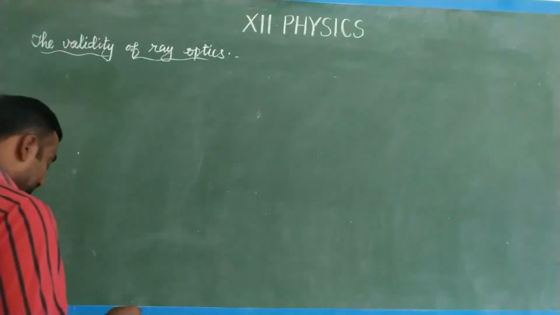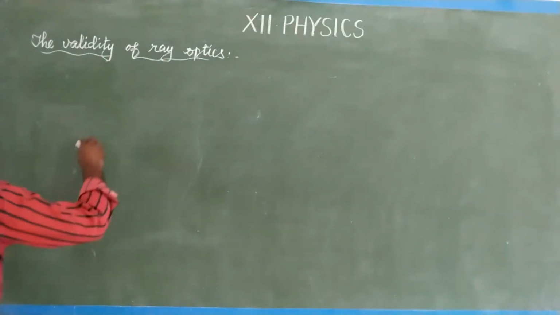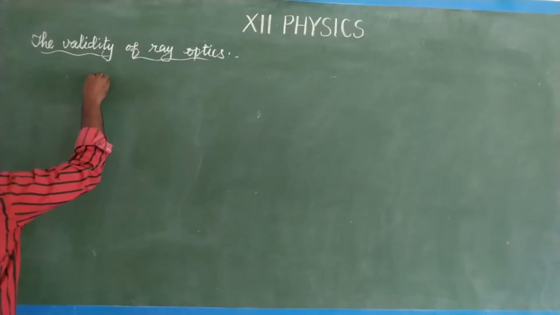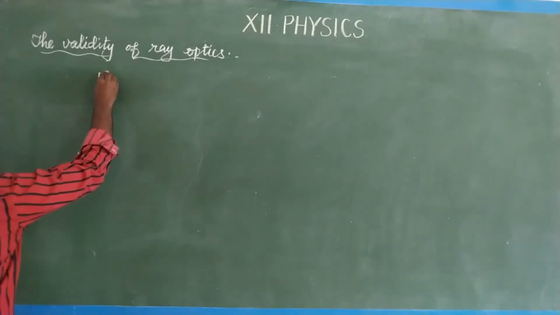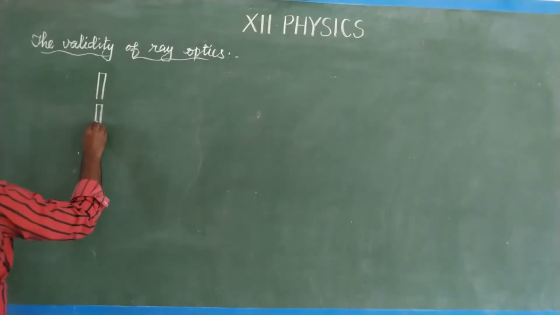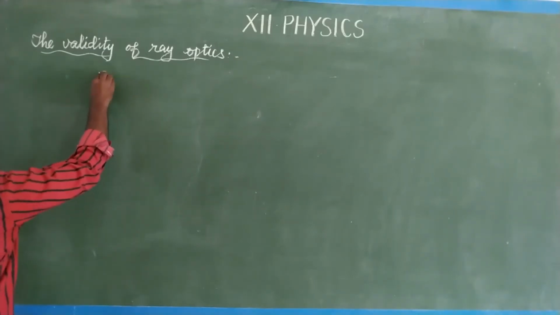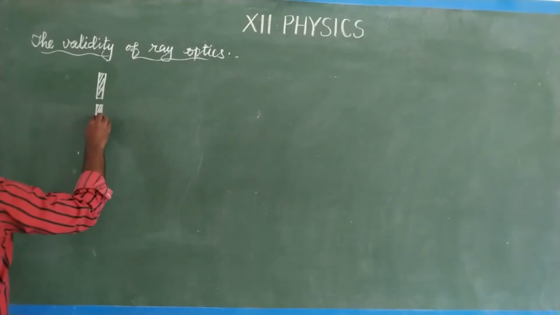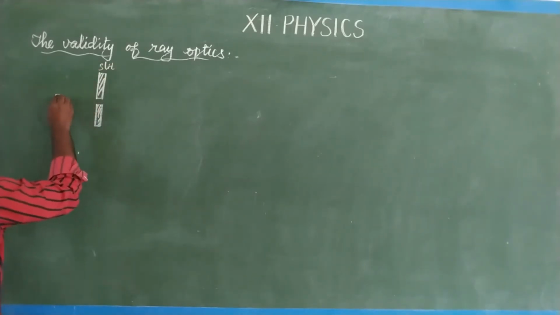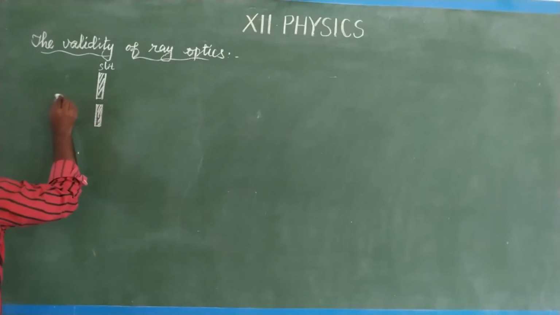From a simple example, let us take an aperture or a slit. An aperture is nothing but a slit or a small hole, illuminated by a monochromatic source.